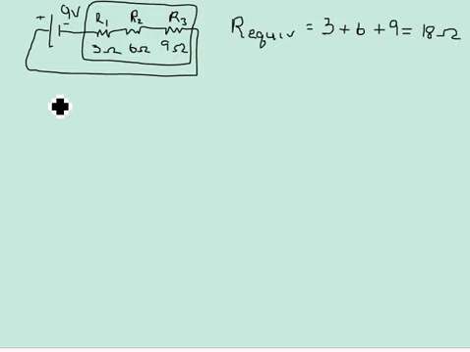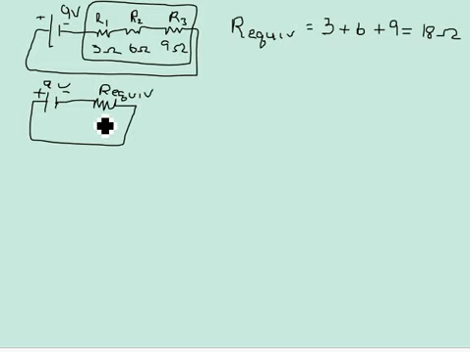This is the same thing as saying I have a circuit that looks like this. Here's my resistor. I come back. I have a battery, and I have an R equiv. This now looks like something that we can solve.